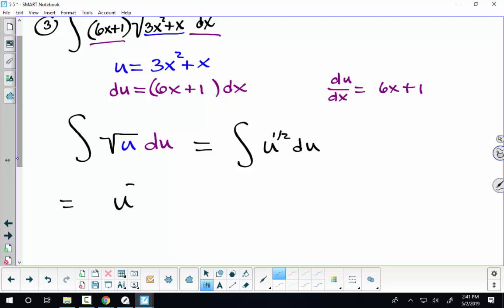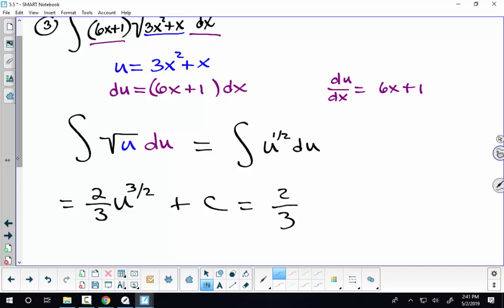We have u to the 3/2 over 3/2, or times 2/3, plus c. And then you always want to resubstitute.